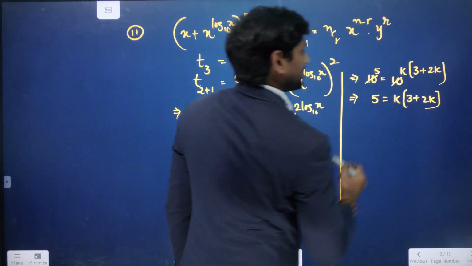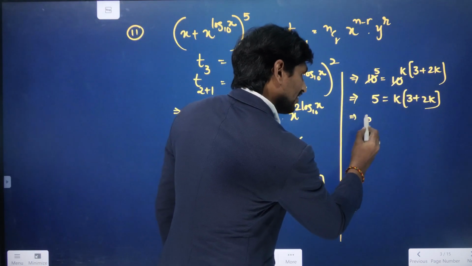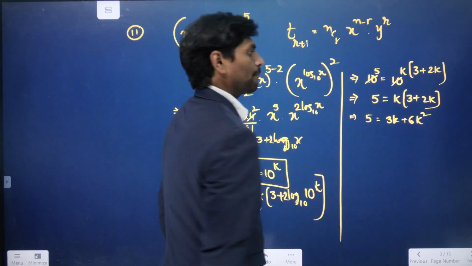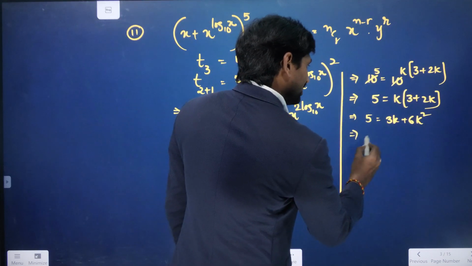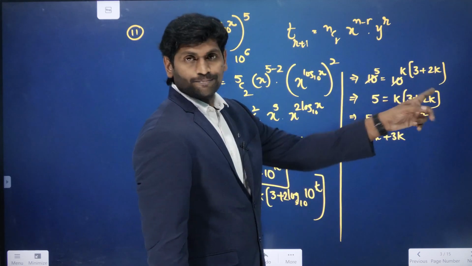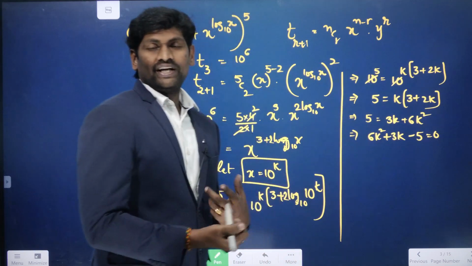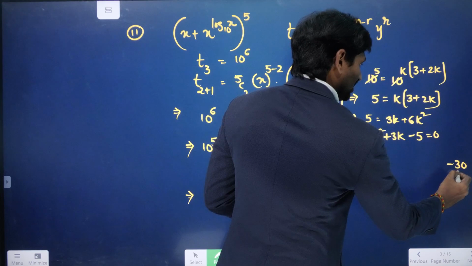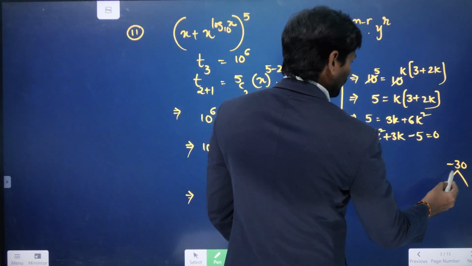If the bases are the same, we can equate the exponents. From this we can write 5 equals 3k plus 3 into 2, that is 6k squared. So bring all the terms to one side and we get the quadratic equation 6k squared plus 3k, and transposing 5 to that side it becomes minus 5, equals 0. Now try to identify the factors for this. Minus 5 into 6 is minus 30, and identify the factors here.